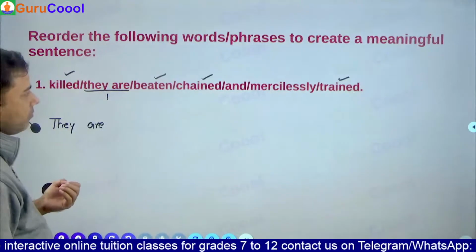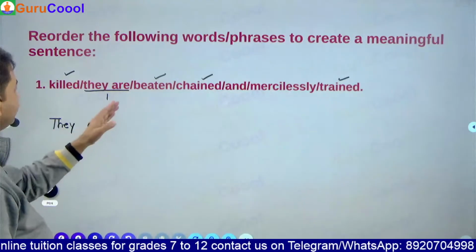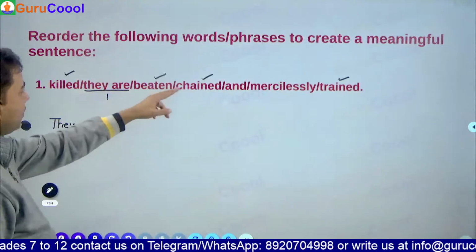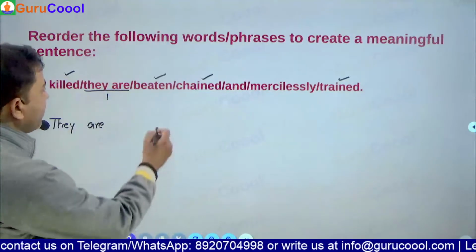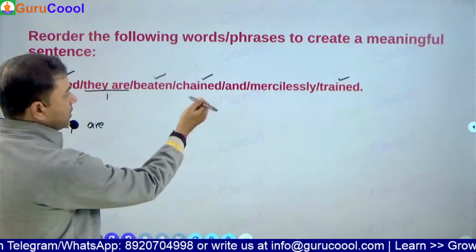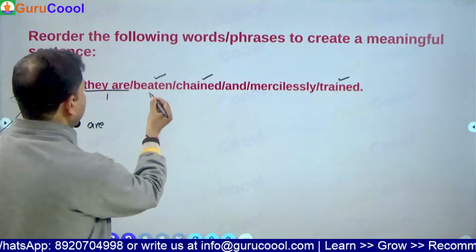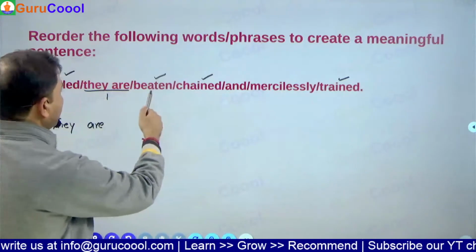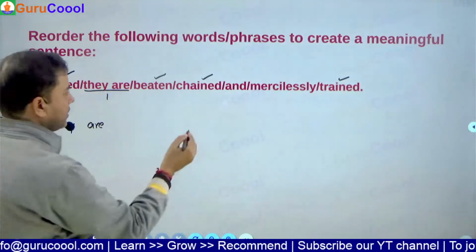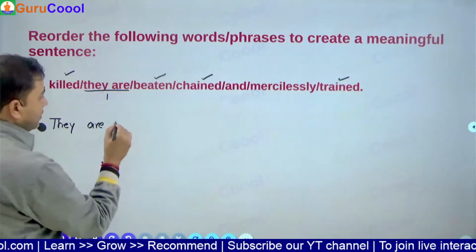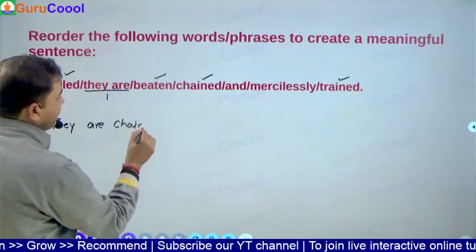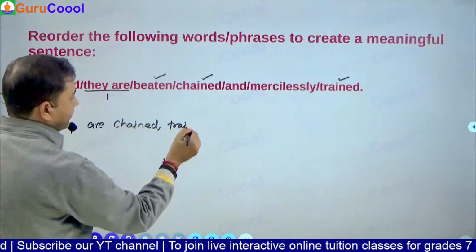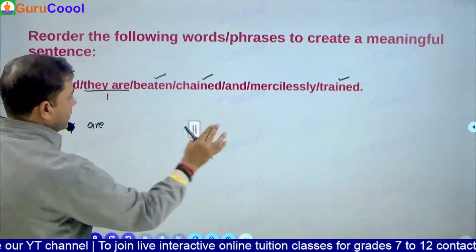So make it meaningful. They are, suppose we write beaten. Don't you think chained should be very first? Chained, trained, beaten, and then killed. Yes, that's a good arrangement. Or you can write trained very first.